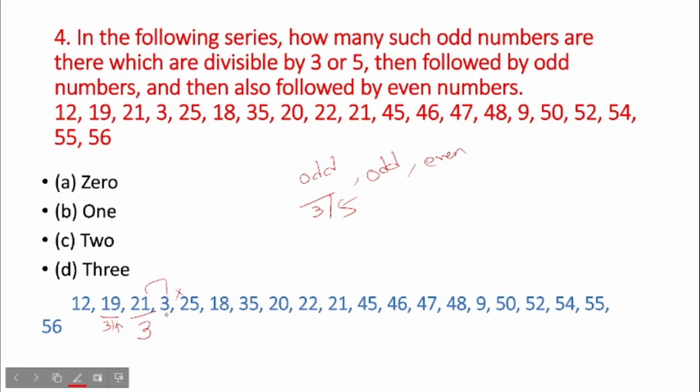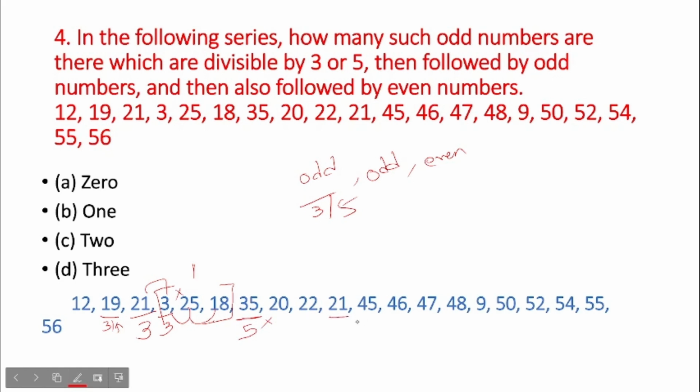If we check the next odd number, 3 is divisible by 3, which is followed by an odd number, and that odd number is also followed by an even number. So we have 1 here. And if we check 25, 25 is followed by an even number. 18 is an even number. 35, 5 is divisible by 5, it is followed by an even number.